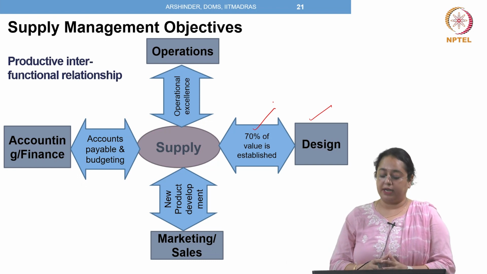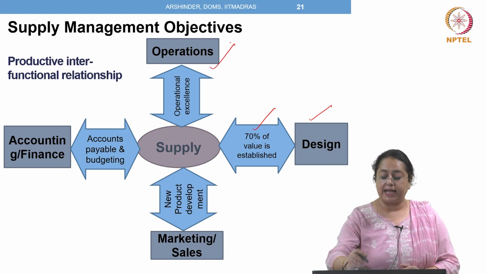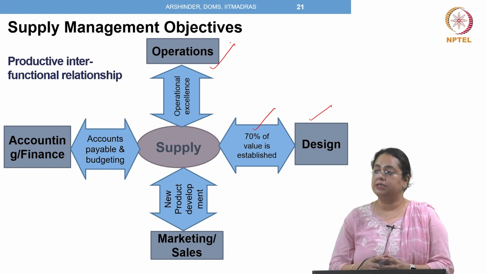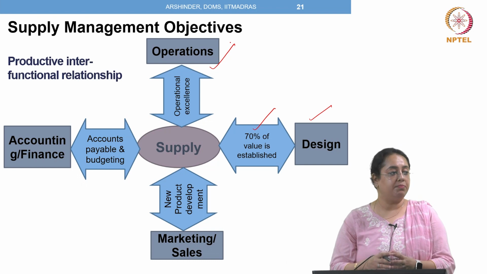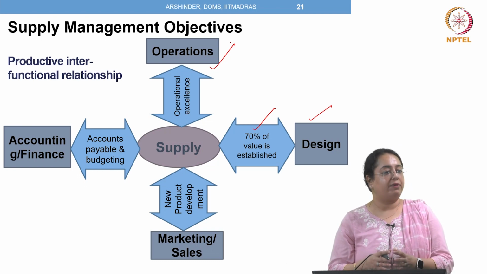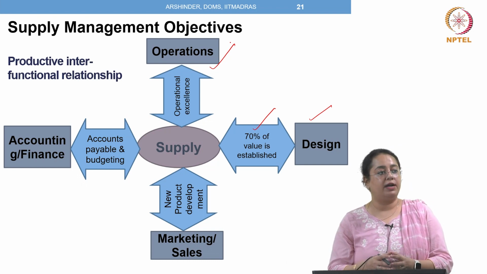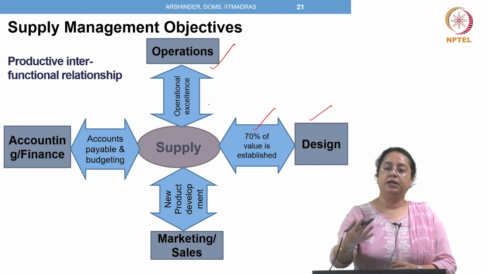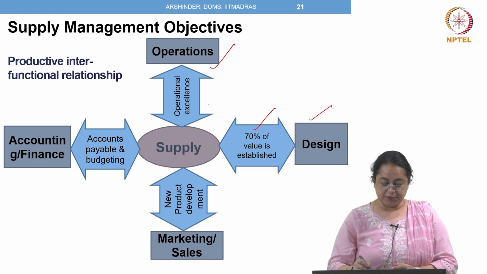That is a very important decision. Operations excellence: in all production, manufacturing, converting processes, supply has a very important role, right, to have uninterrupted, good quality products. This is how we see the relationship of this function with supply management.